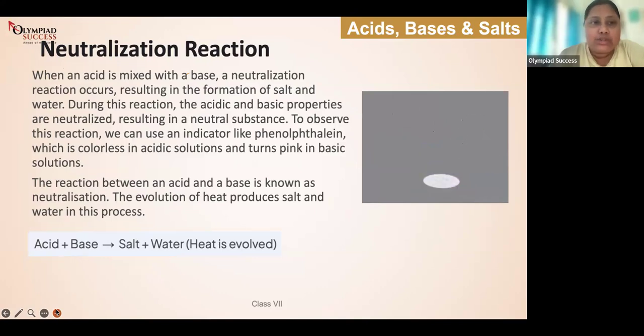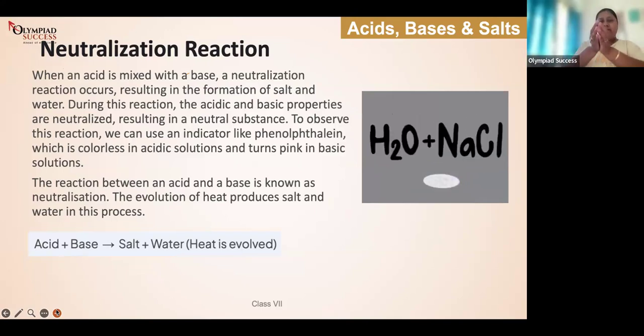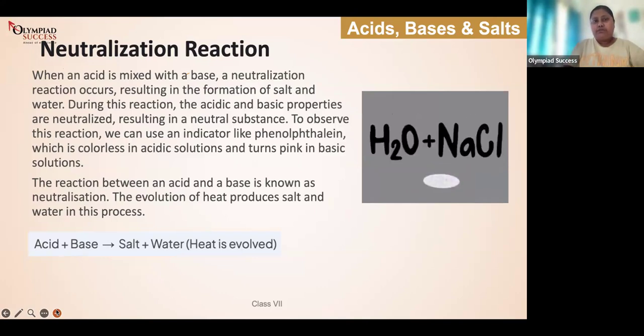And this is an exothermic reaction, meaning reactions which release heat. So when acid and a base are reacted, as you can see in the diagram, if you hold the vessel, the surface will be hot.